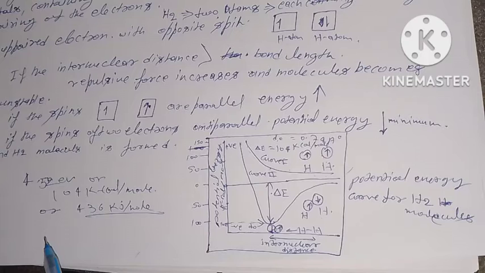Thus the essential condition for formation of a covalent bond is that the atoms participating in bond formation must have unpaired electrons. This phenomenon of bond formation by overlap of orbitals is known as valence bond or atomic orbital theory.